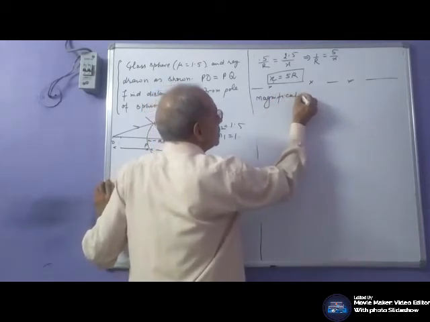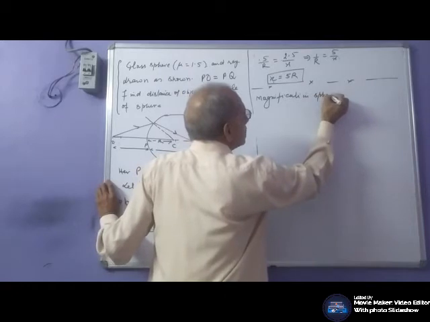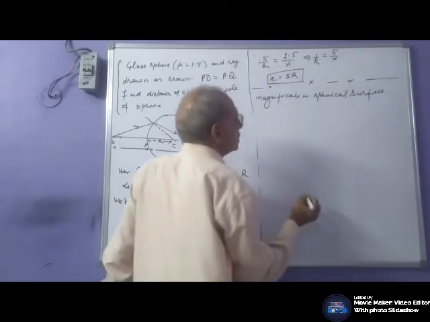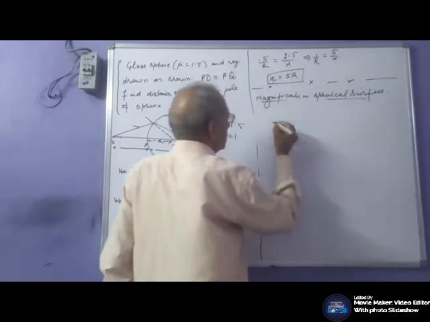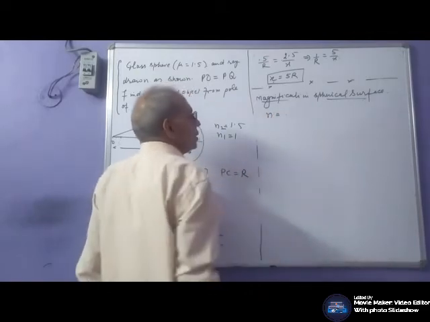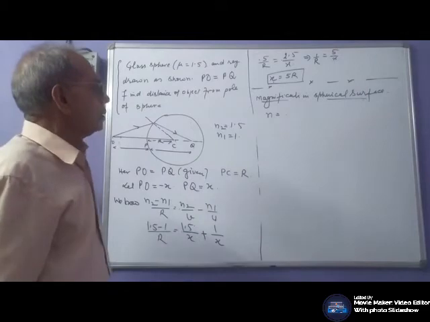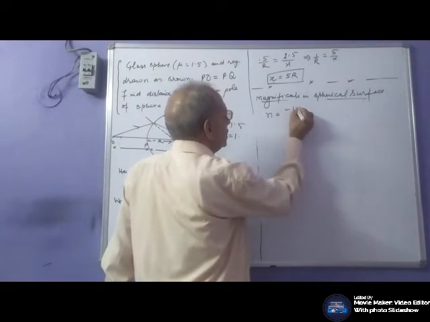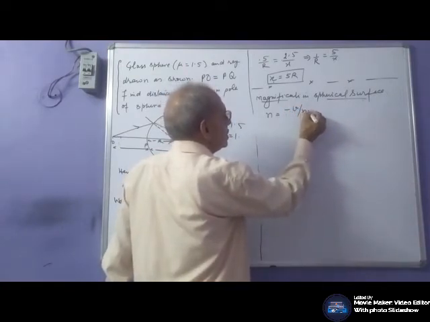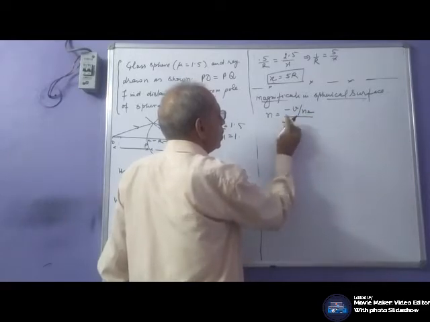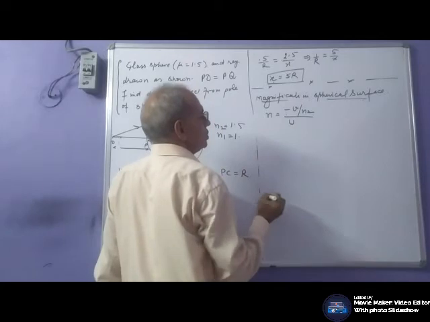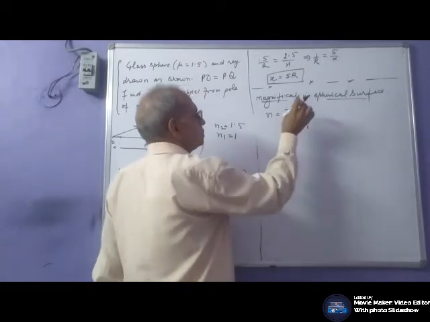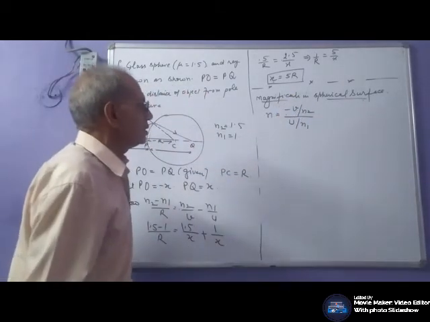Magnification in spherical surfaces. M. We have read in mirrors minus V by U. Object distance is in the rarer medium, image distance in the denser medium.